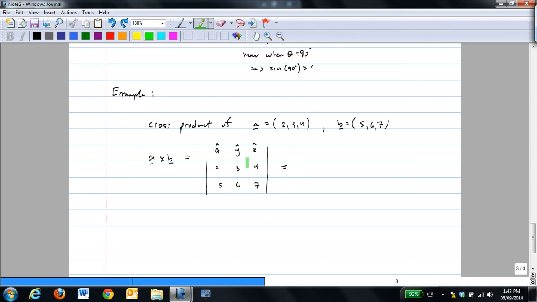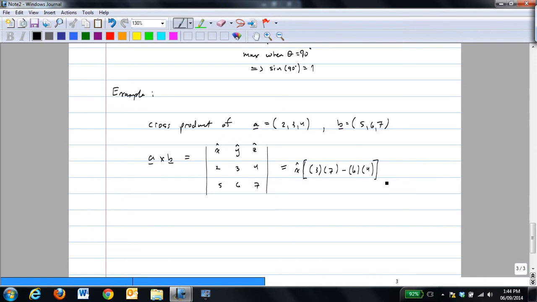So I'll go ahead and do it just so you guys can see what it looks like. We have x hat multiplied by 3 times 7 minus 6 times 4. So that's our x component here.